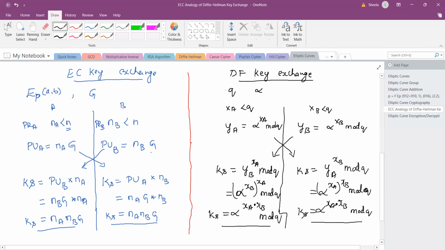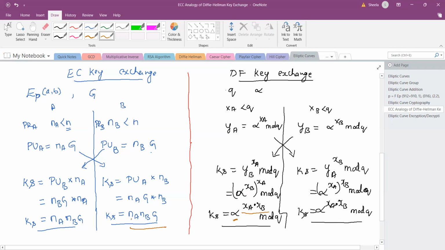Now, when we observe Diffie-Hellman key exchange as well as elliptic curve key exchange, here we are doing repeated addition of a point G, but there we are taking the exponent with respect to the primitive root alpha using both the private keys.